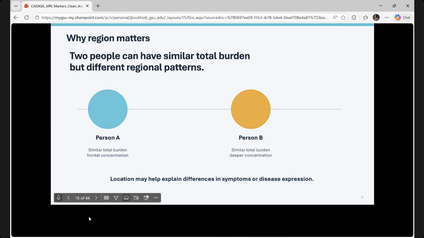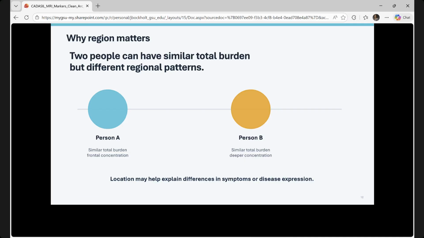Should be 12. So why do the regions matter? Well, two people can have the same total burden, the same amount of total white matter lesion over their brain size, but where the lesions are in the brain may differ.